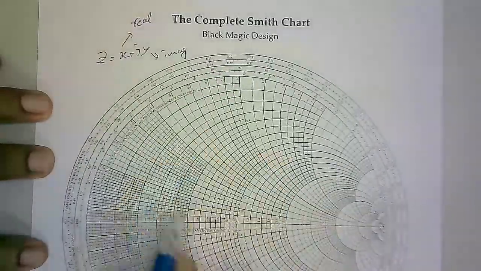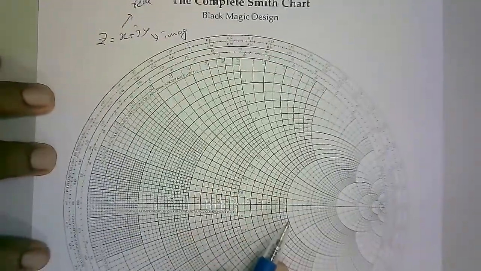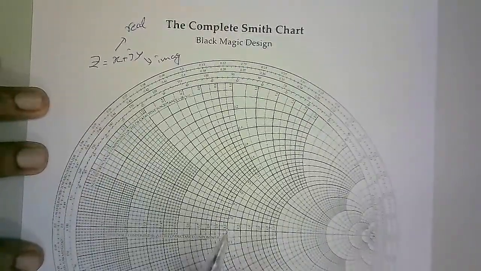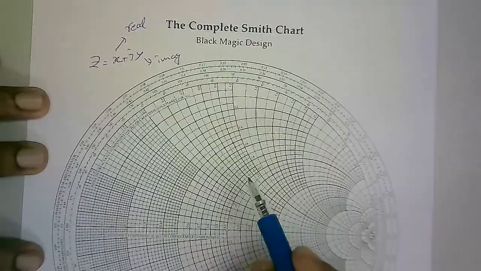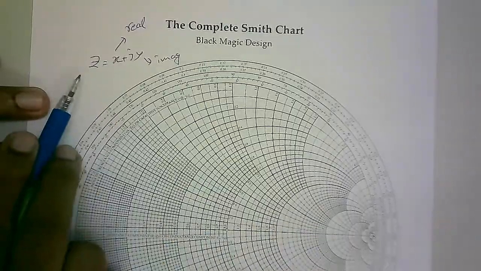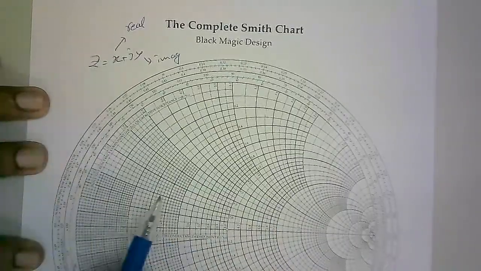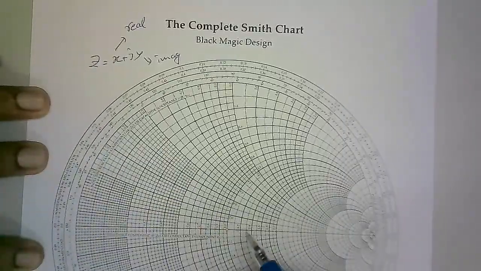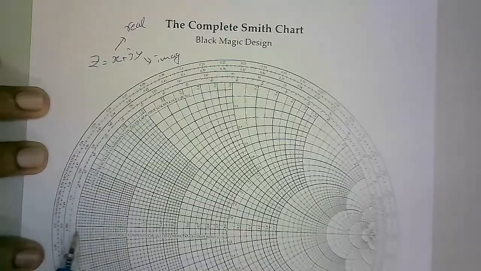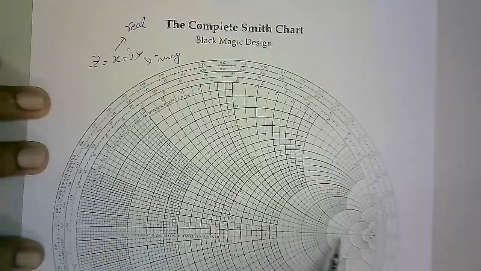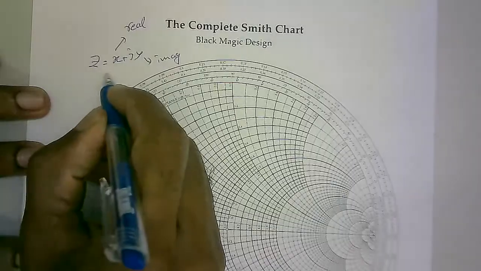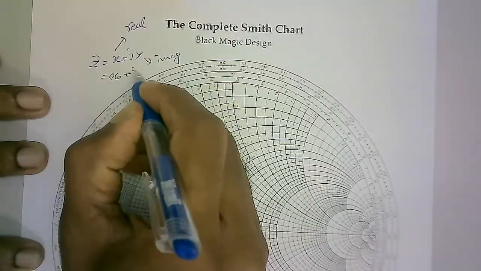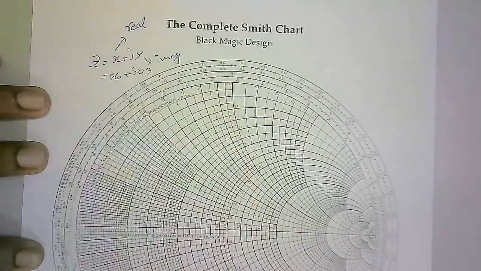So we have two different axes where we can plot real and imaginary separately. Then when they intersect, that will be the point of our Z. Now all the real parts will be on top of this. Let's say the real part is 0.6 and the imaginary part is 0.3.